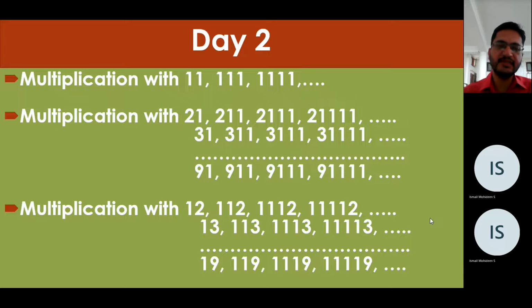Next, we will discuss multiplication with 21, 211, 2111, meaning starting with 2 and all the rest of the digits are 1, or 31, 311, 3111, and so on.